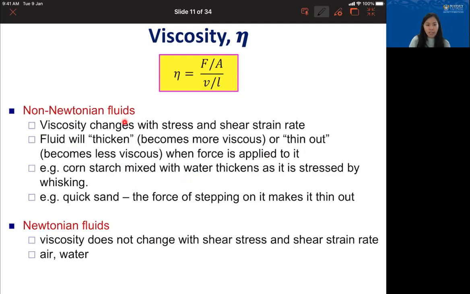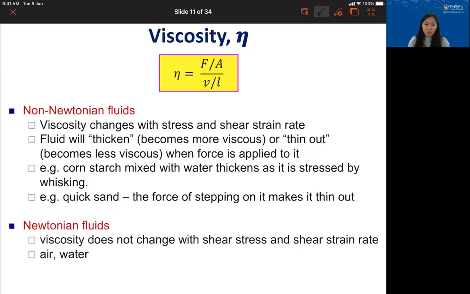Their viscosity changes. For the case of cornstarch and slime, the viscosity increases, they become more viscous, when stress is applied. For the example of thinning out, or the fluid becoming less viscous as you apply stress, that's the idea behind quicksand. They say that if you encounter quicksand, the best thing you can do is to stay stationary.